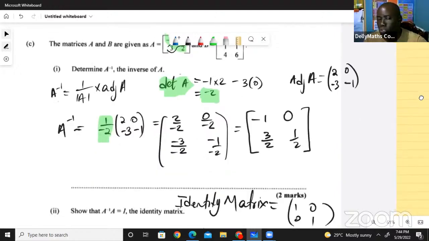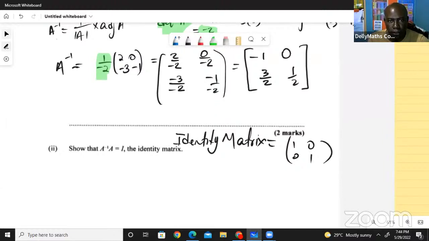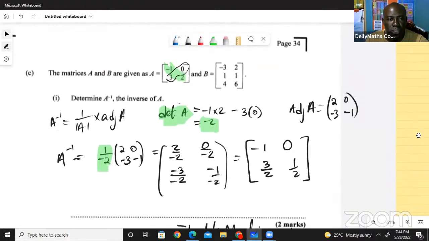Let's go. So we're going to take the inverse, which is this, -1, 0, 3/2, 1/2, and we're going to multiply this by the original matrix, -1, 0, 3, 2.